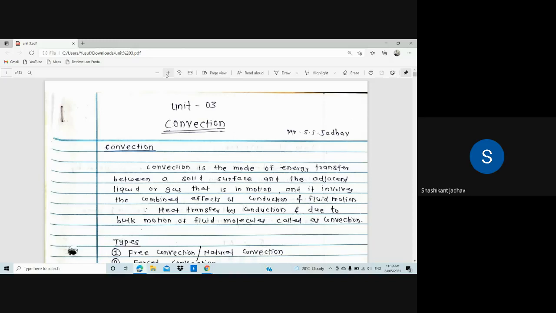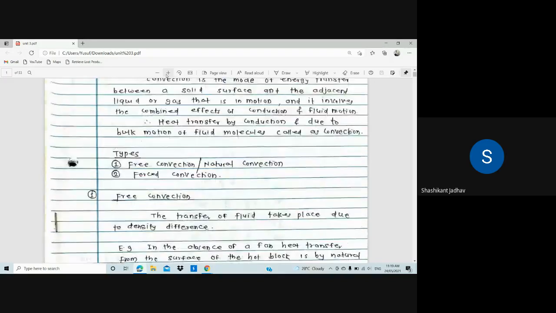Okay, then write down the types of convection. As we know, basically two types of convection are there: forced convection and natural convection. What is the another name for the natural convection? That is free convection.